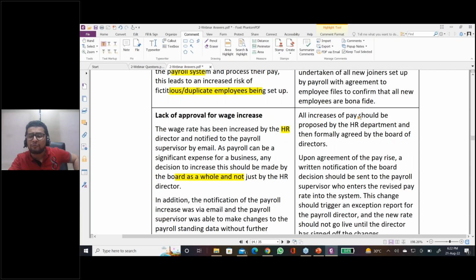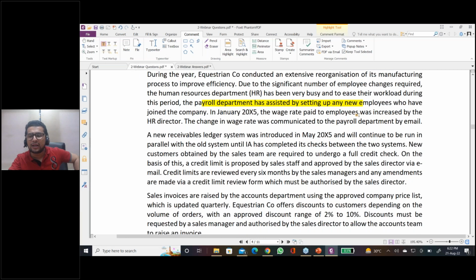So all increases of pay should be proposed by the HR department and then formally agreed by the board of directors, not a one-man job. So now we have identified four deficiencies within the question. HR director, that was the fourth deficiency.